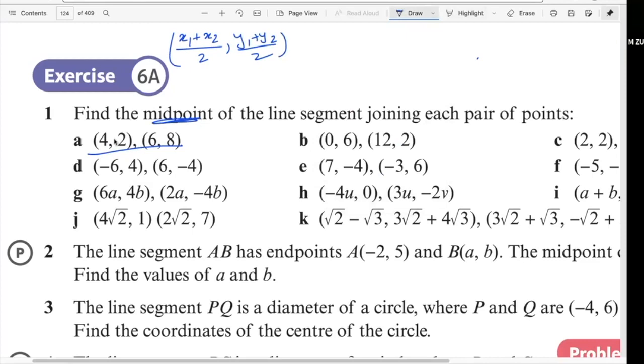This is your formula. So adding x1 to x2 is 10 by 2, and again 10 by 2, which is 5, 5. If we try this question, x1 plus x2 is 4, y1 plus y2 is 2, so your midpoint is 2, 1.